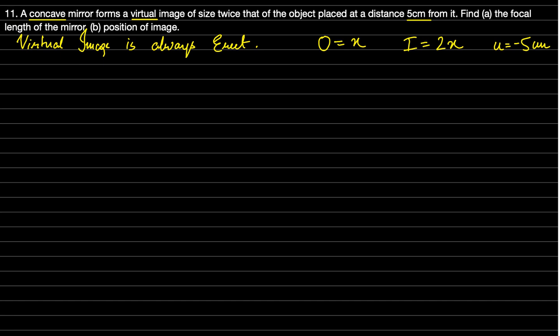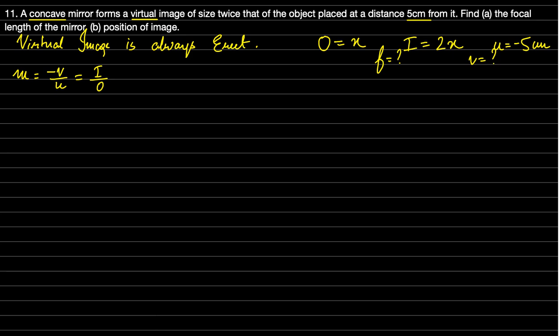We need to find few things here. We need to find the focal length and we need to find the position of the image. That means we need to find the value of v. So starting with the magnification formula, we know the formula for magnification as minus v by u is equal to I divided by O. So minus v by u is equal to I by O. So I would be erasing a bit of it.